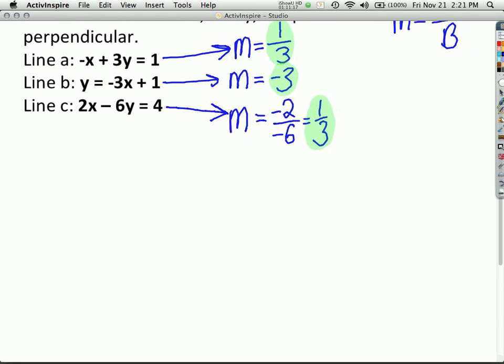Chanel? Make a statement. We are asked which lines are parallel or perpendicular. So I want you to tell me in words which ones are parallel or perpendicular, but just tell me one thing.